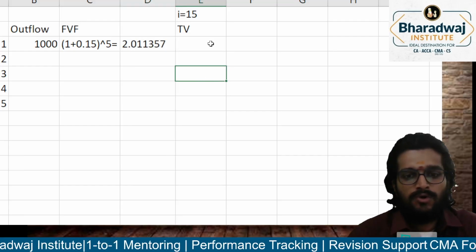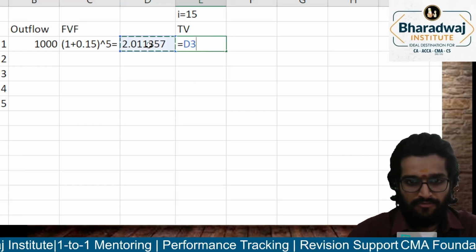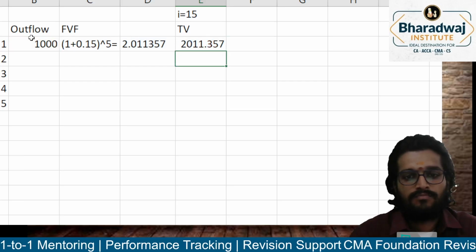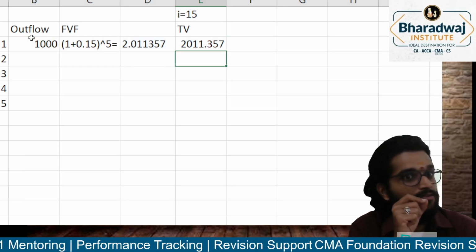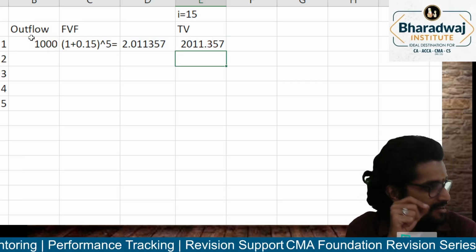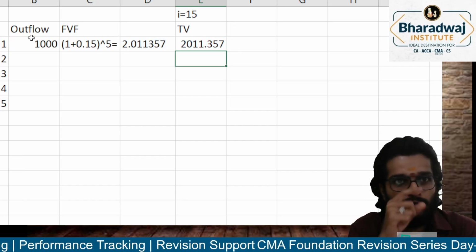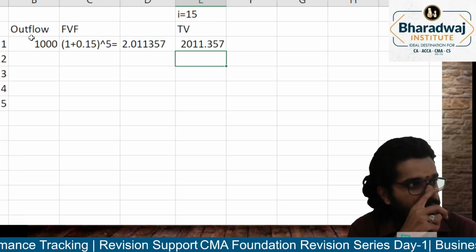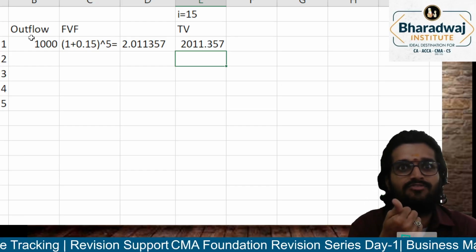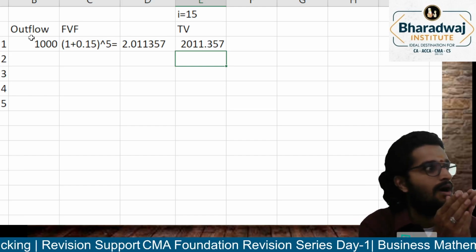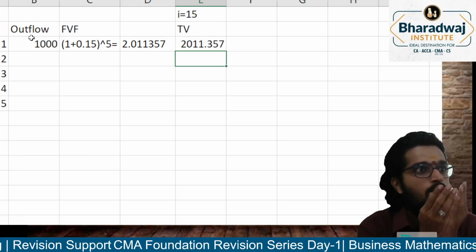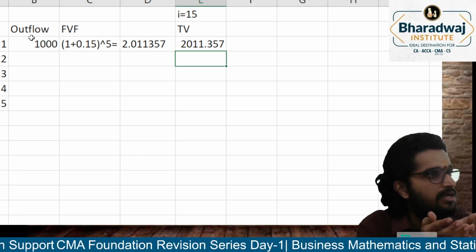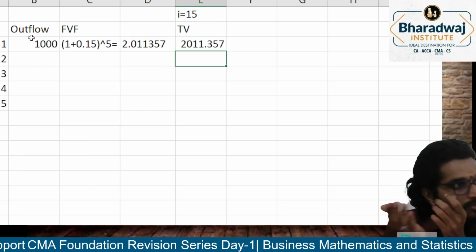So what can be the terminal value? This factor multiplied with the outflow. If you have 1000 rupees in hand and invest in any portfolio for 5 years which gives you a return of 15%, you will get 2000 at the end, just by holding an amount for a few years. What is the value of that 1000 rupees? It has become more than 2000.